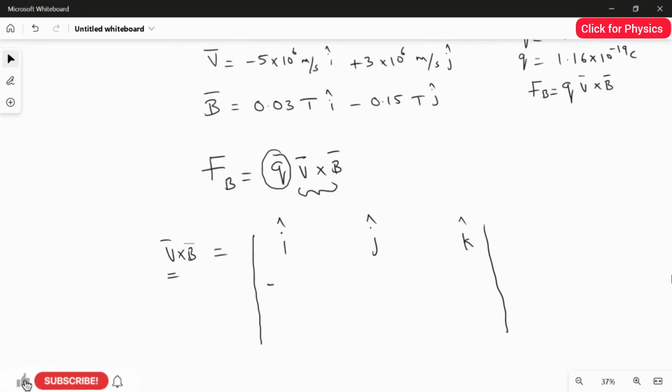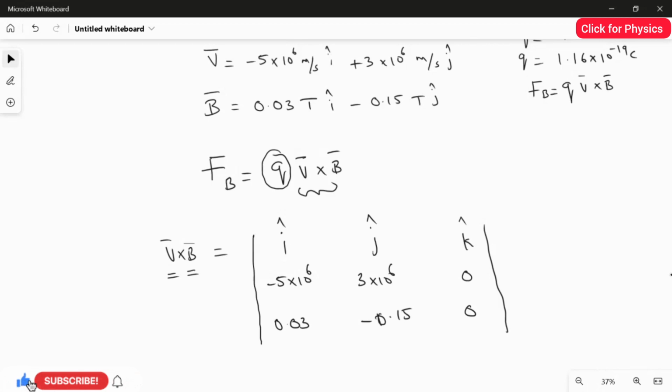For i cap, it is minus 5 × 10^6, and for j cap the value of the speed is 3 × 10^6, but the k cap is not mentioned, so we have to take it as 0. Likewise, for the magnetic field, the i cap component is 0.03 Tesla, the j cap is minus 0.15 Tesla, and the k cap is not mentioned, so we take 0.